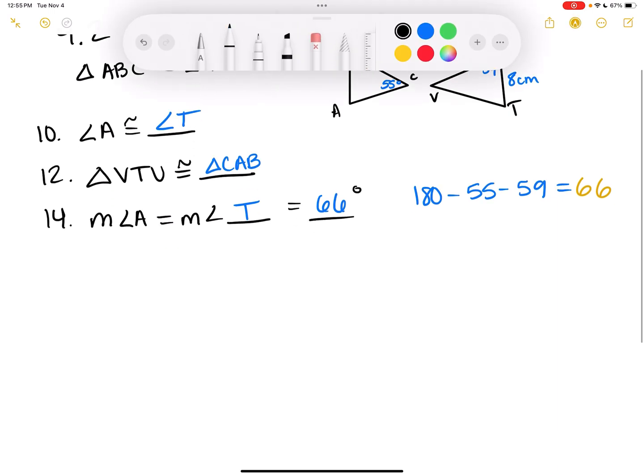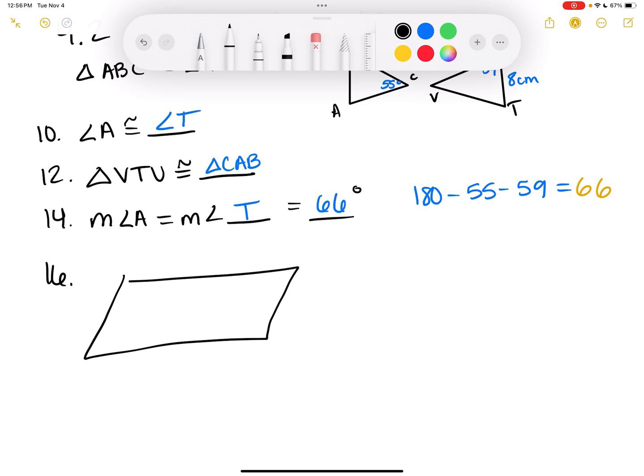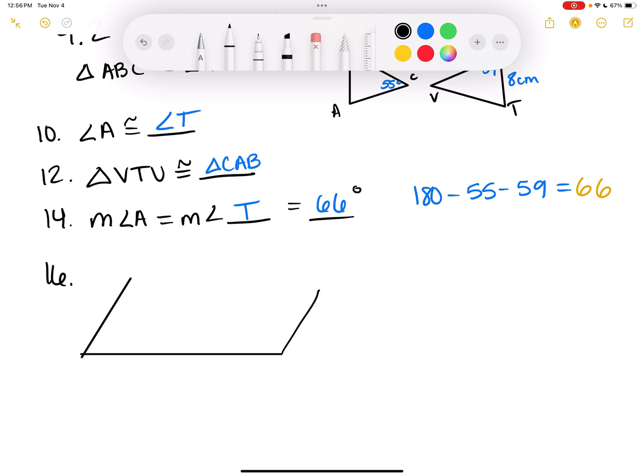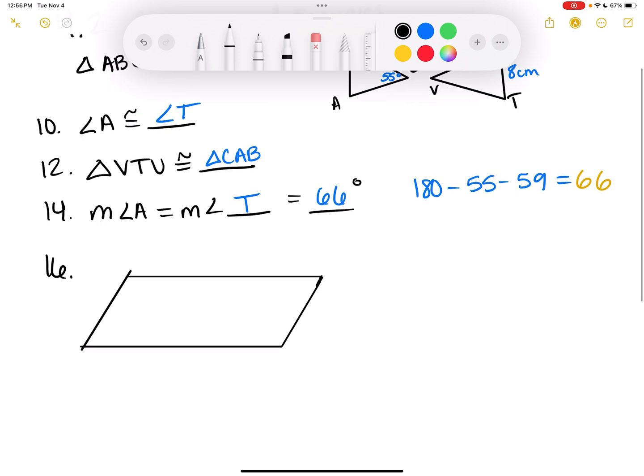I'm going to do one that's a little easier and then one that's a good bit harder. So number 16, I've got, it's probably going to make it a rectangle, yep. All right, good enough.